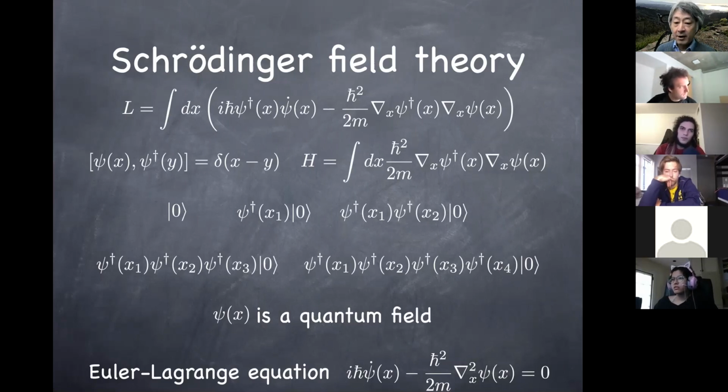You can talk about the eigenstate of the psi of x operator, and that's the coherent state. We will talk about that, but that's separate from the operator. So I keep emphasizing the same thing because that's a likely source of confusion. Psi of x is an operator. That's why we call that a quantum field, which is different from the wave function psi of x.